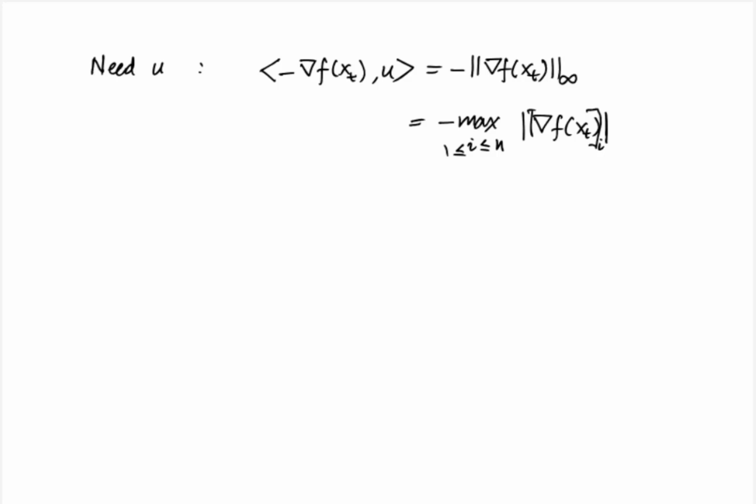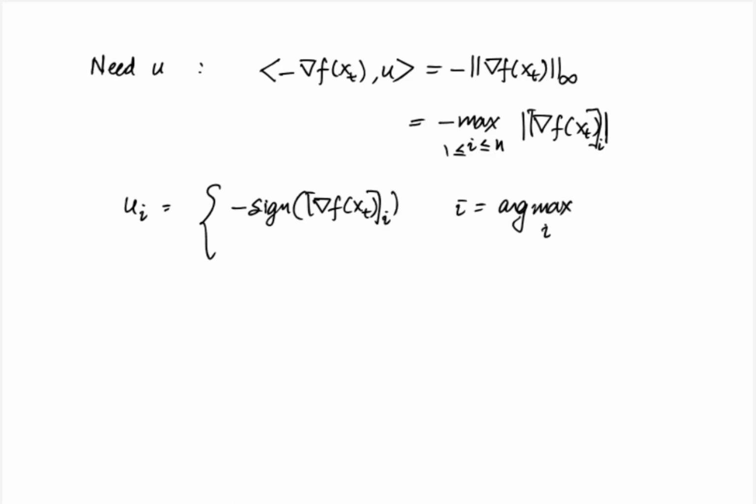After that, we need to adjust the sign of u so as to make sure that the equality would hold. Therefore, the solution is given by u_i equal to minus sign of the ith entry of gradient f of x_t if i is the argmax over i of the absolute value of the ith entry of gradient f of x_t, and 0 otherwise.